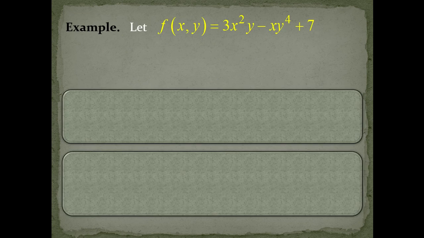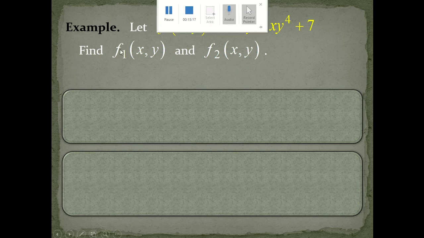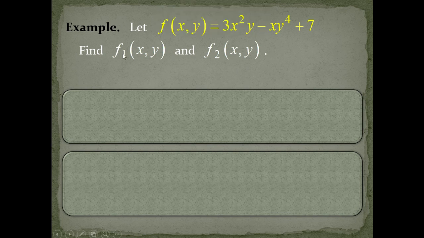Now let's have another example here. Let f of x and y equal 3x squared y minus 4y to the fourth plus 7. Find f1(x,y) and f2(x,y). In other words, class, for f1, we need to find the partial derivative of the function with respect to x.